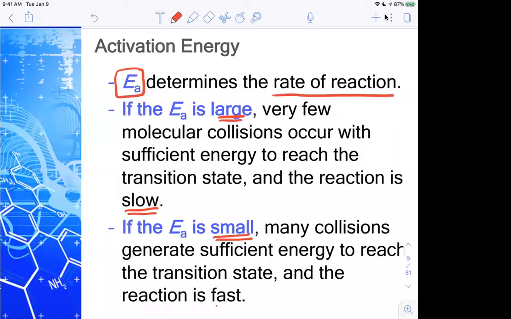So then I have a fast reaction. So I can judge the height of the hill that the reaction has to go through, and in a way I can predict the rate of the reaction. If that hill is really large, the reaction will be slow, and if that hill is smaller, the reaction will be faster.